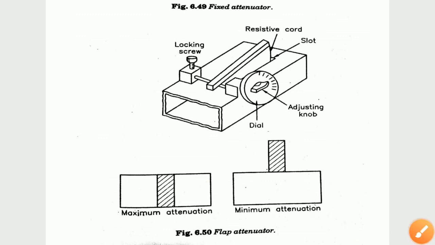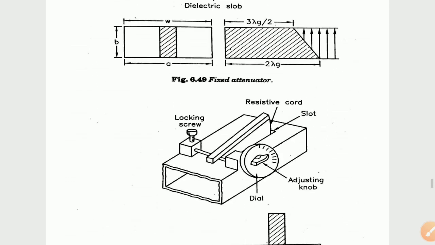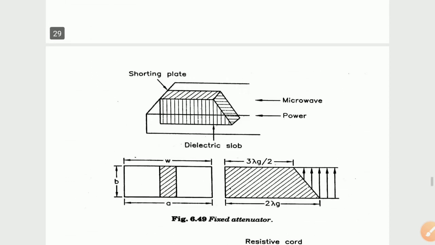Only this difference is there between the flap attenuator and the vane attenuator. Also there are frequency and power handling capacities for the flap attenuator and the vane attenuator. So please prepare these basic diagrams of the flap attenuator and the fixed attenuator, and their descriptions. This is for the complete attenuator topic of this chapter.